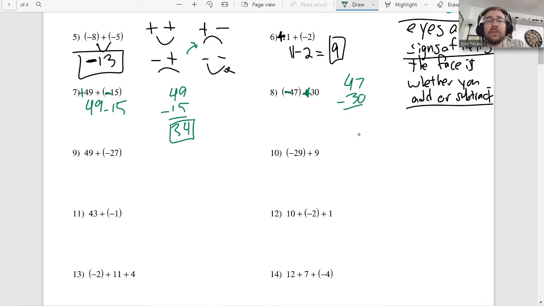I'm going to do what's called taking the sign of the bigger number, okay? So when subtracting, take the sign, meaning the plus or the minus sign in front of that number. When subtracting, take the sign of the bigger number.